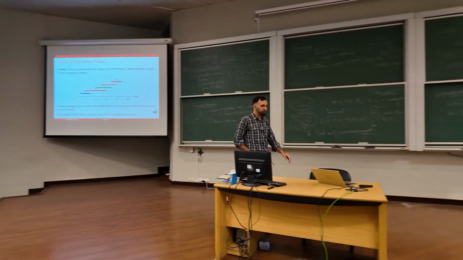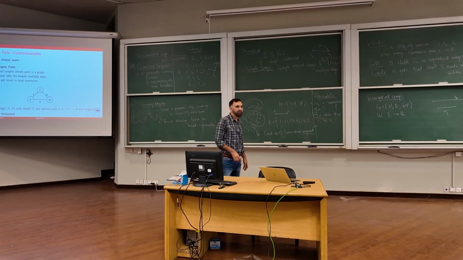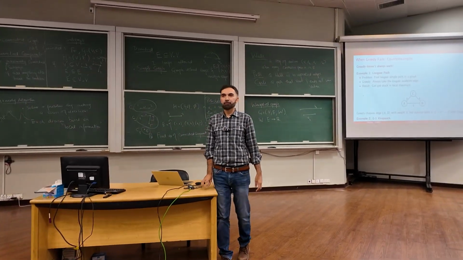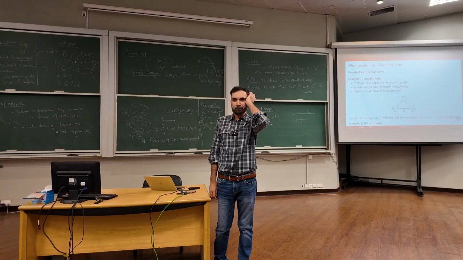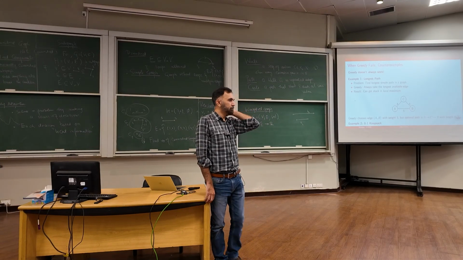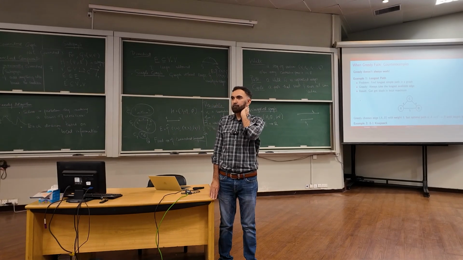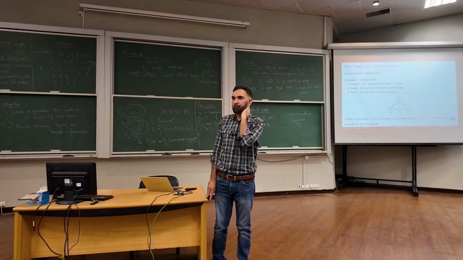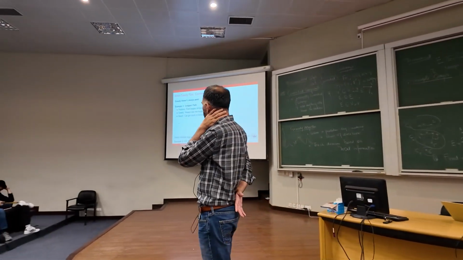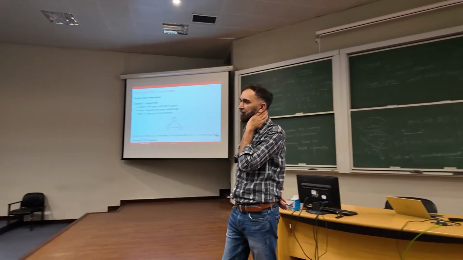All right, so the longest path problem is a problem for which greedy does not give you an optimal solution. Are we in agreement? So in the worst case, you can construct a graph where greedy will fail.